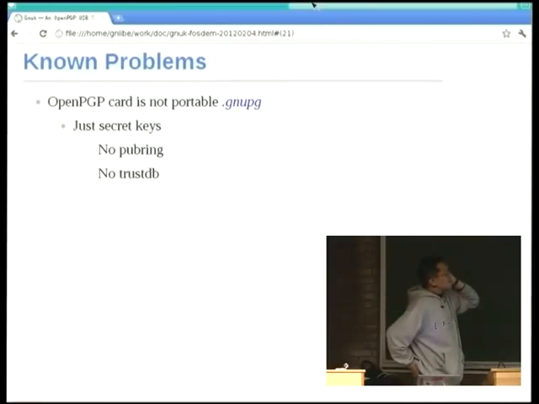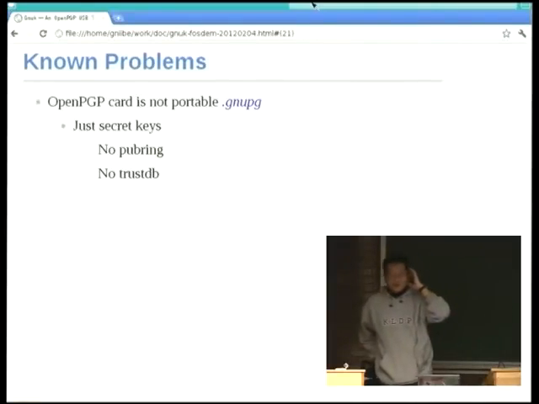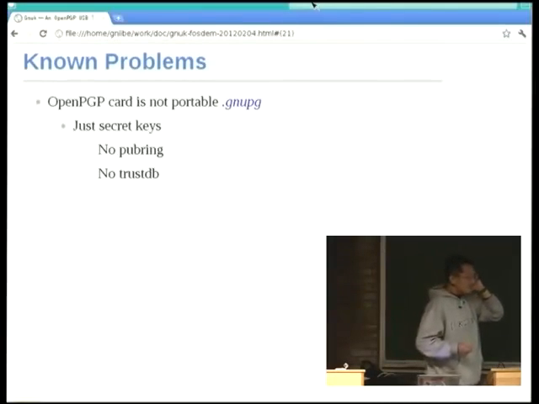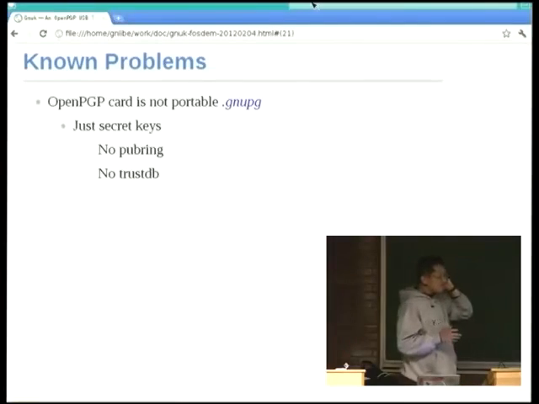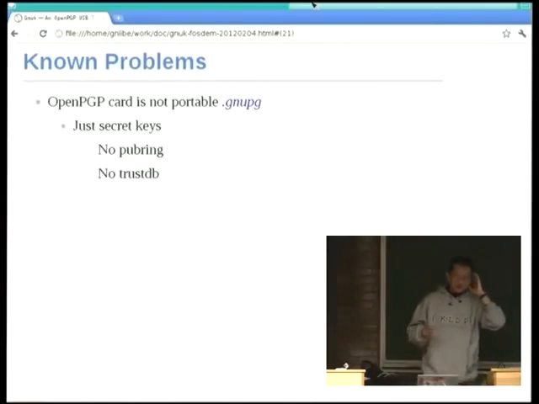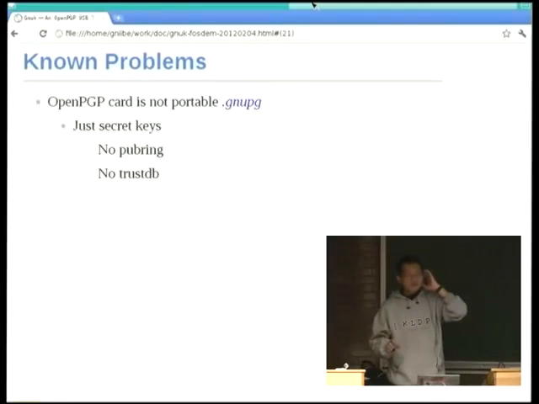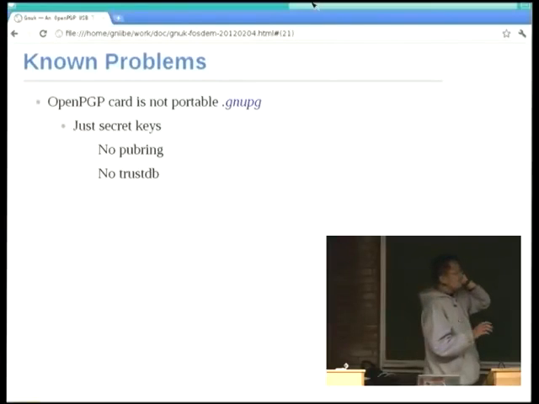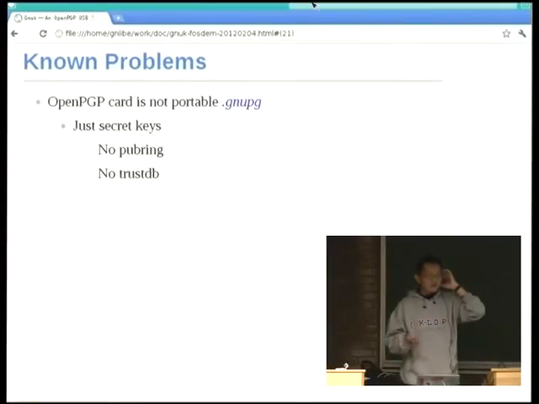And yes, after I implemented Gnuk, and after I used Gnuk extensively, I eventually figured out that OpenPGP card is not portable GNU-PG. I mean that all the information the device has is only secret keys. Under the GNU-PG directory, we have more than secret keys. We have the secret key ring, as well as public key rings and the trust DB.